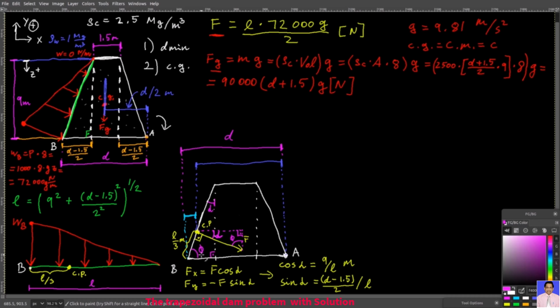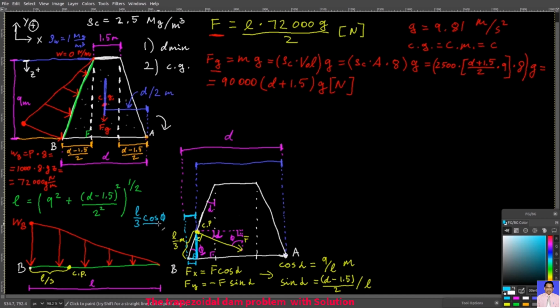Since you know this angle phi here, and you know that from point B to the center of pressure you have L over 3 meters, you can form another right triangle here, where you have this horizontal distance and this vertical distance. To find this horizontal distance, you can have L over 3 times cosine phi. That will give you this horizontal distance.